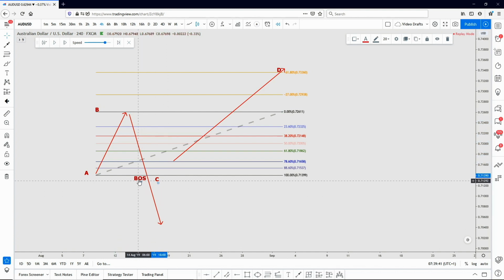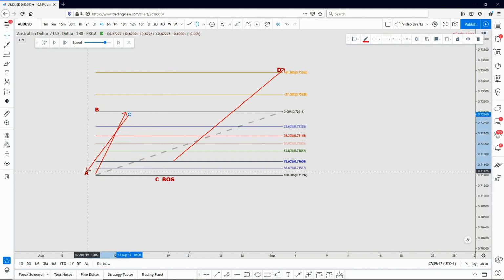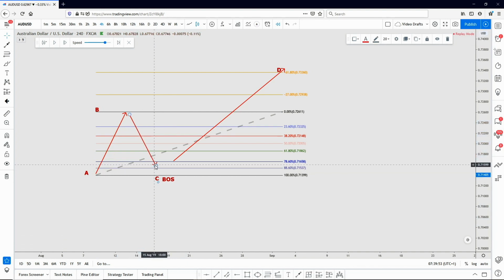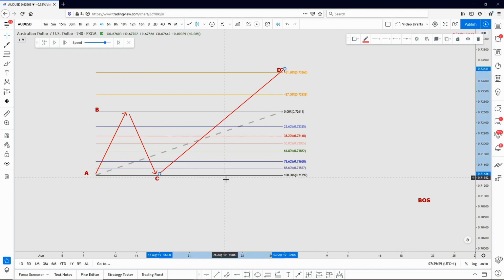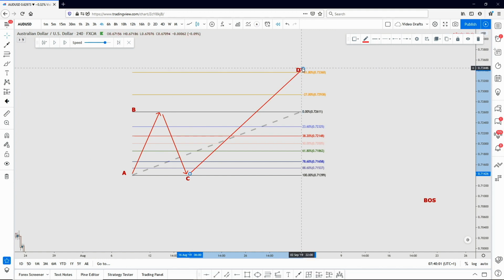So that's when we draw a vertical line and we label break of structure because it surpassed point A, right? But if it doesn't, even if it comes all the way to 100% and continues upward from here, then structure is maintained. So no break of structure as long as it doesn't pass 100%.